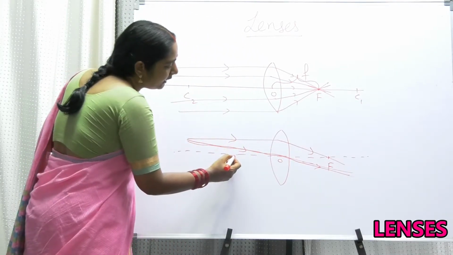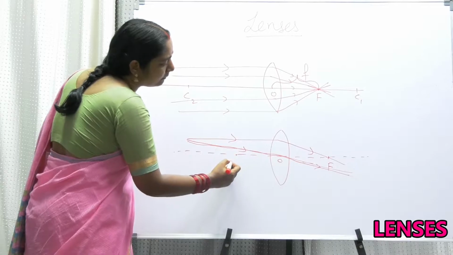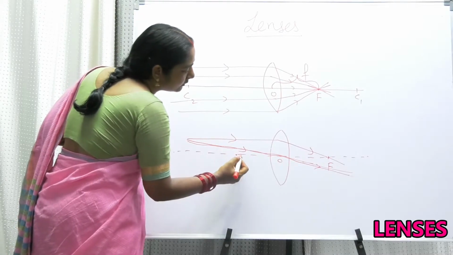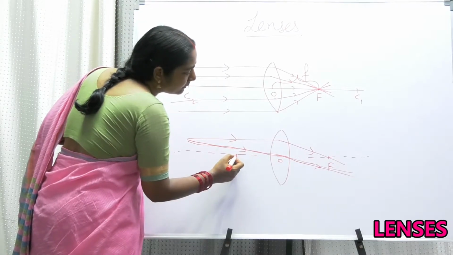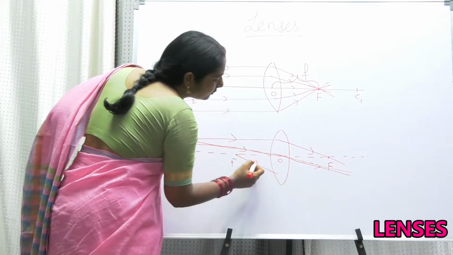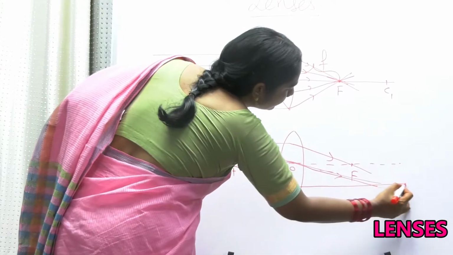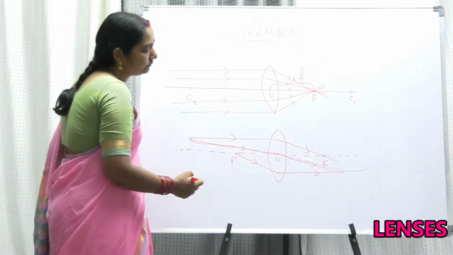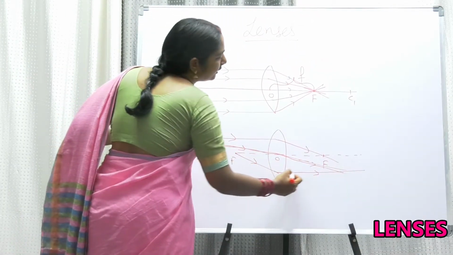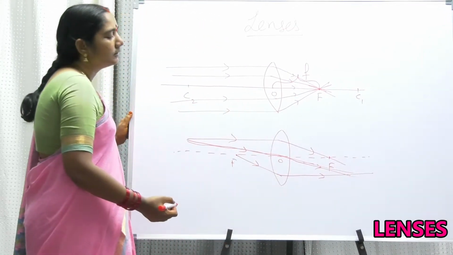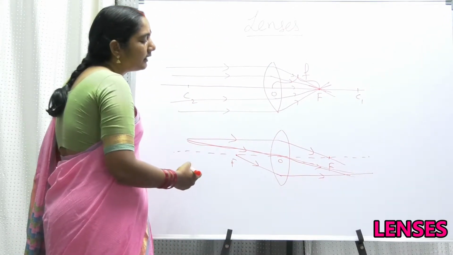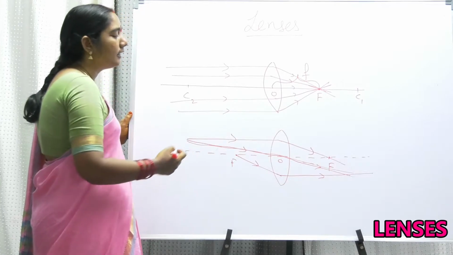Again, any ray which passes through the principal focus, after refraction it goes parallel to the principal axis. So my dear friends, I think now you are understanding the ray rules.